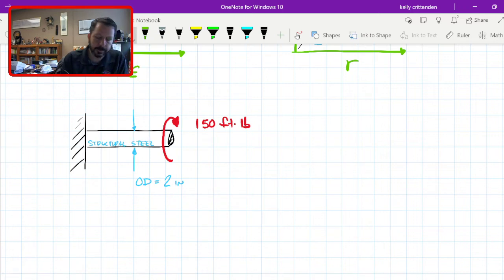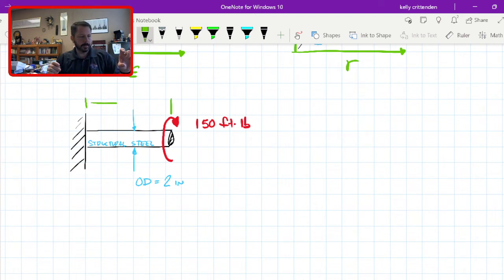And then we also need to know how long it is. Obviously, the longer these things get, the more they're going to be able to twist for a given torque. So we do need to know the length of this. And let's say that this thing, I don't know, it's like that big, and 18 inches. It'll be like this.